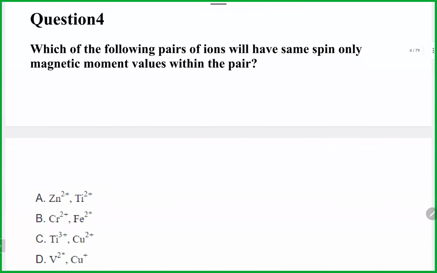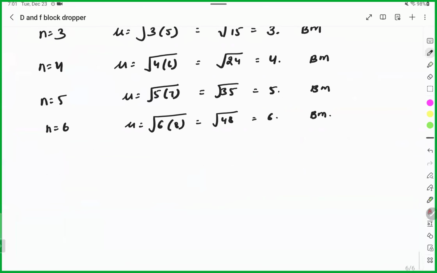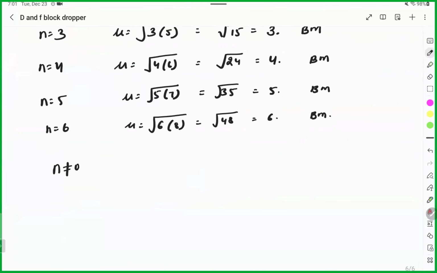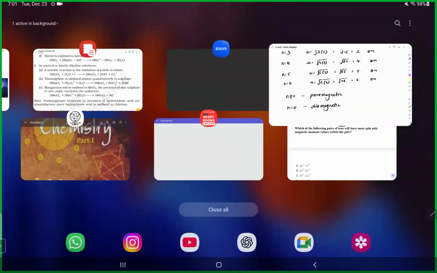You have to calculate the magnetic moment. By the way, remember one thing: if n is not 0, it means it is paramagnetic because of unpaired electrons. If n is 0, all electrons are paired, so it will be diamagnetic material. So whether it is paramagnetic or diamagnetic can be explained by this.